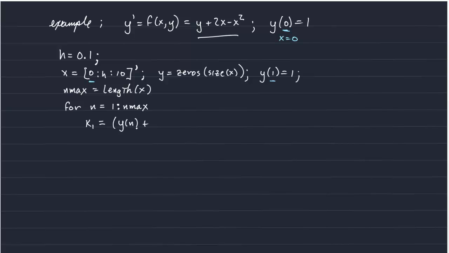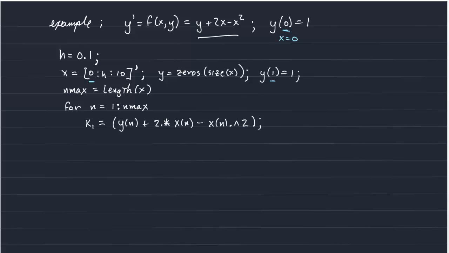So we say y plus 2 dot asterisk for multiplication, x at point n minus x at point n dot, and then the caret, 2, and that's a way of writing x squared. So that's k1.